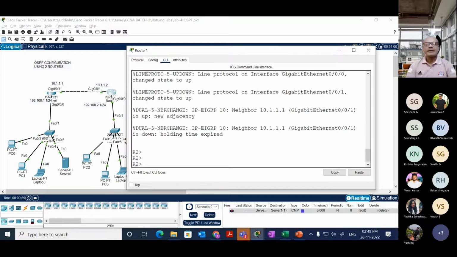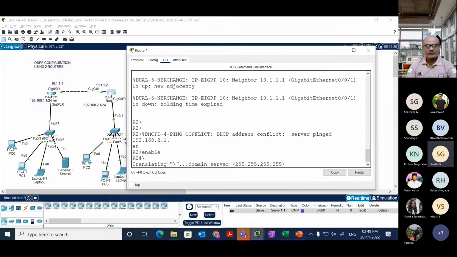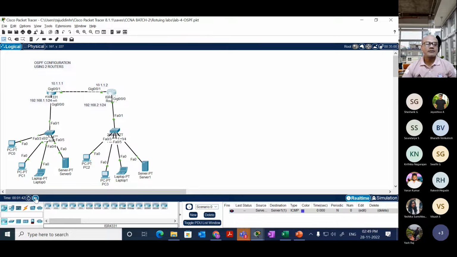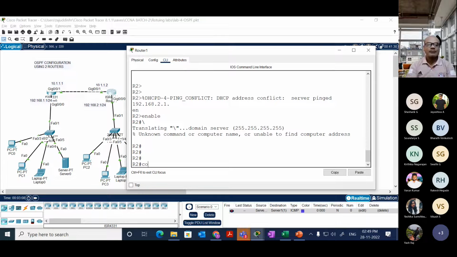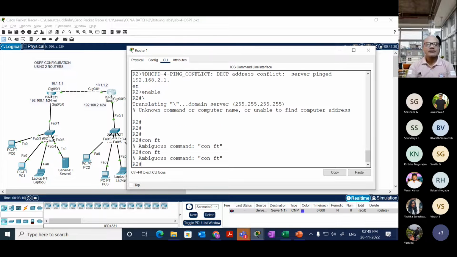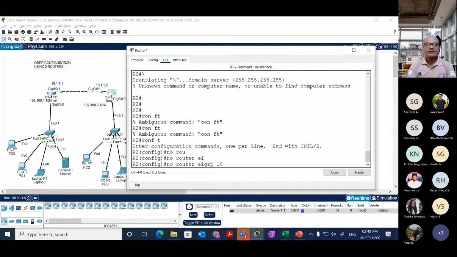It is showing expiry because that neighbor is down, right? So let's do this lab. I'll remove the EIGRP, guys. No router EIGRP 10.